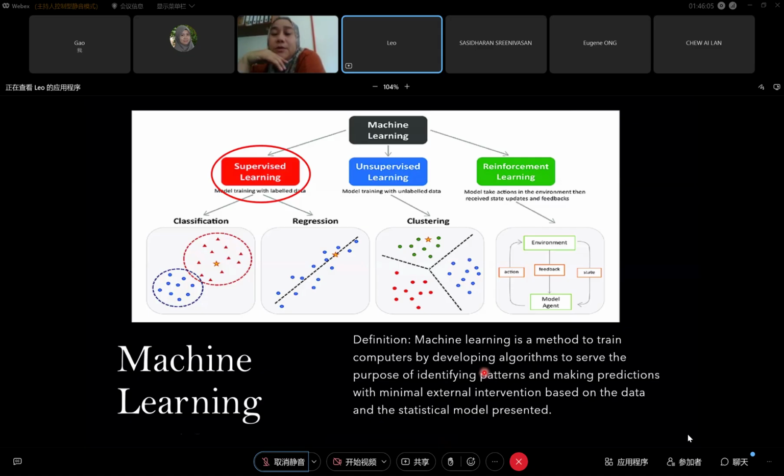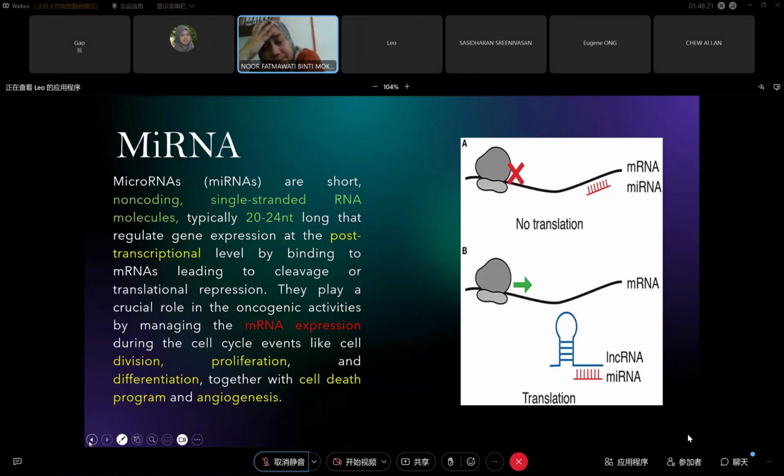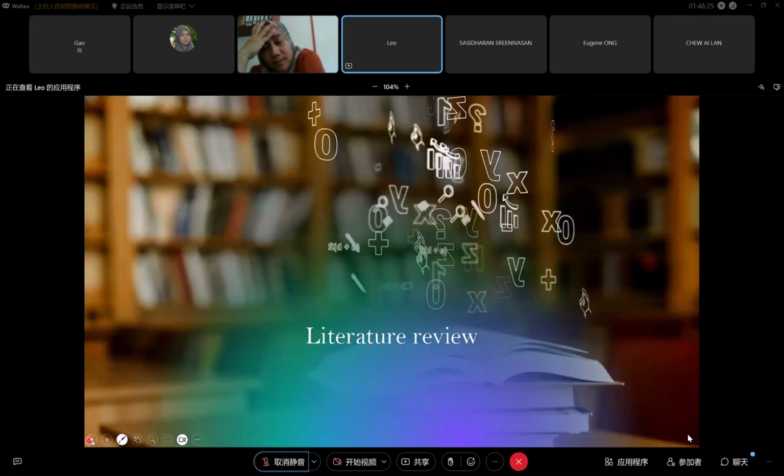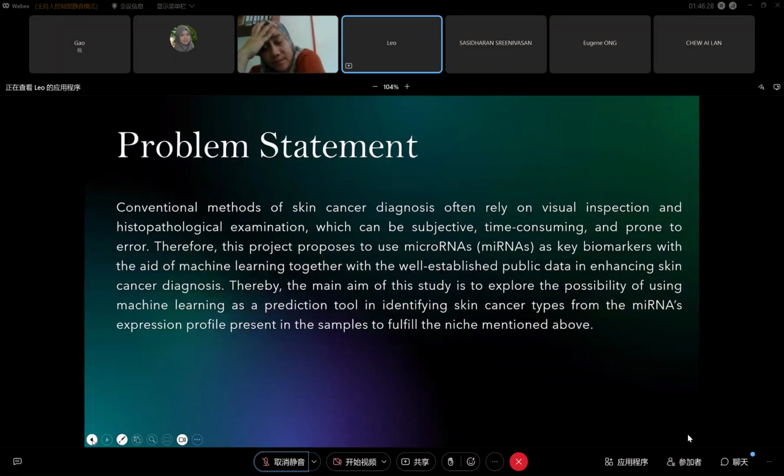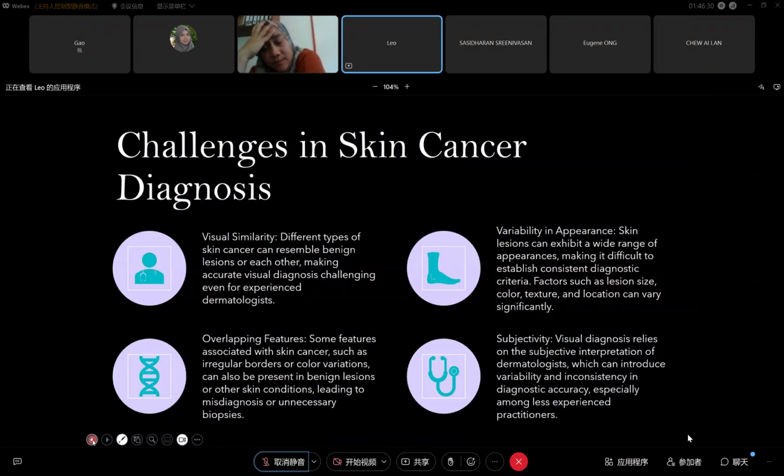So you're saying that even though early diagnosis is important, your study is to subtype patients according to the type of skin cancer. Yeah, you can diagnose the skin cancer easily, but putting them into subtypes is difficult.